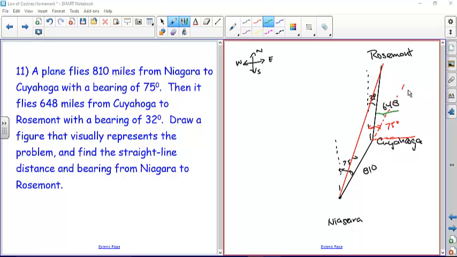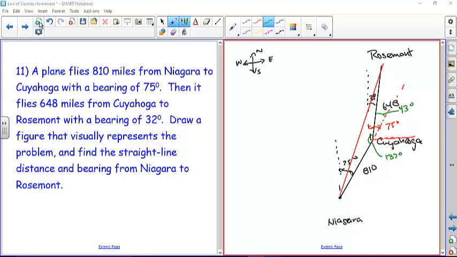So that's 75 minus 32. So this angle is 43 degrees. And as a consequence, because this is a straight line, this angle here has to be 180 minus 43, which is 137 degrees.